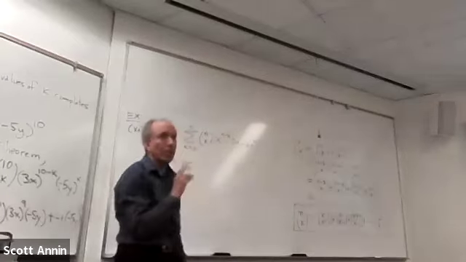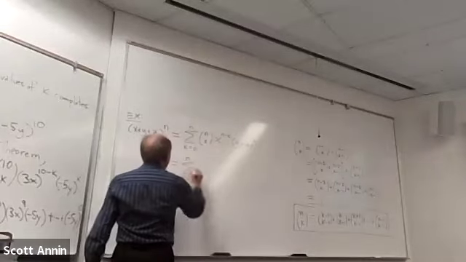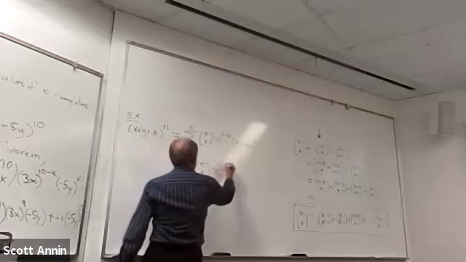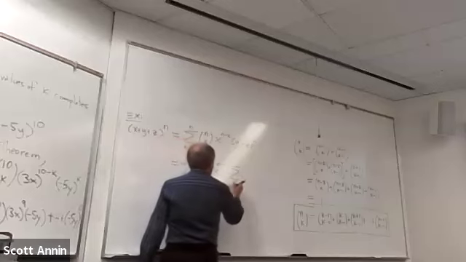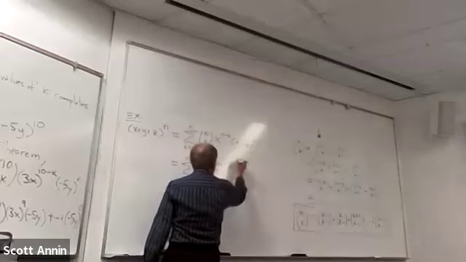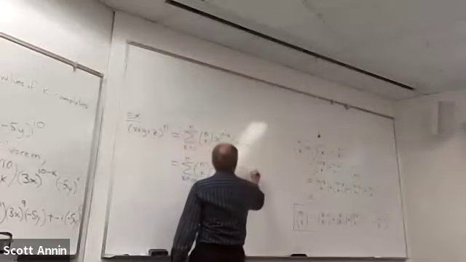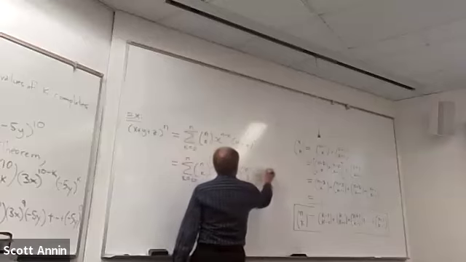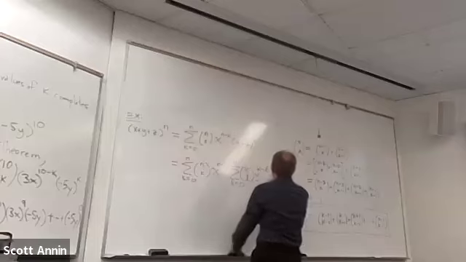You're going to get a double summation, dare I say. So k is summing from 0 to n of n choose k, and then we'll have x to the n minus k, and then we'll have a summation, let's say L going from 0 to k of k choose L times y to the k minus L times z to the L.